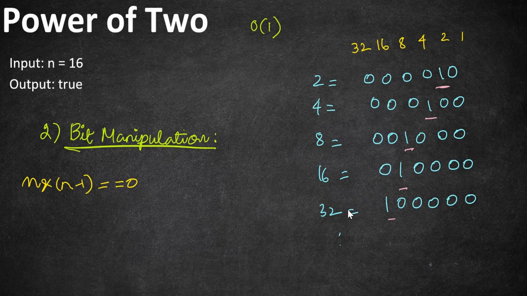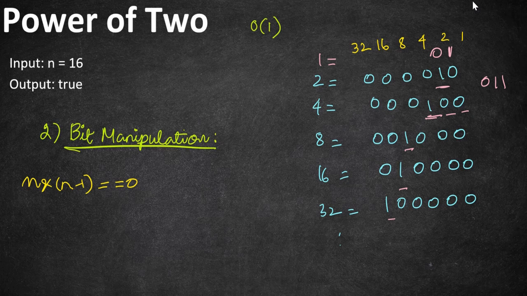Also, the previous number of these numbers will have inverted values. That is, wherever there is a 1 there will be 0, and wherever there is a 0 there will be 1. For example, the previous number of 1 is all zeros. The previous number of 4, which is 3, is 0, 1, 1, which is the complement of 1, 0, 0.